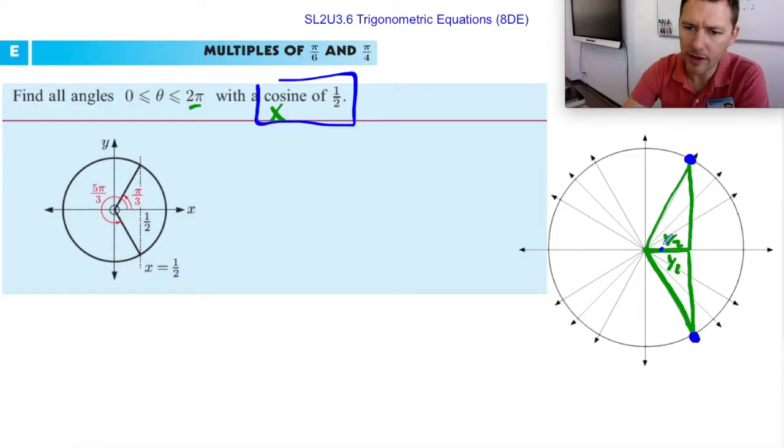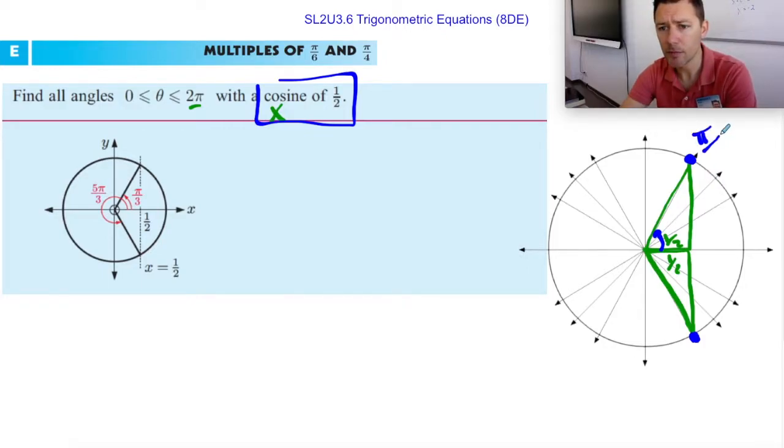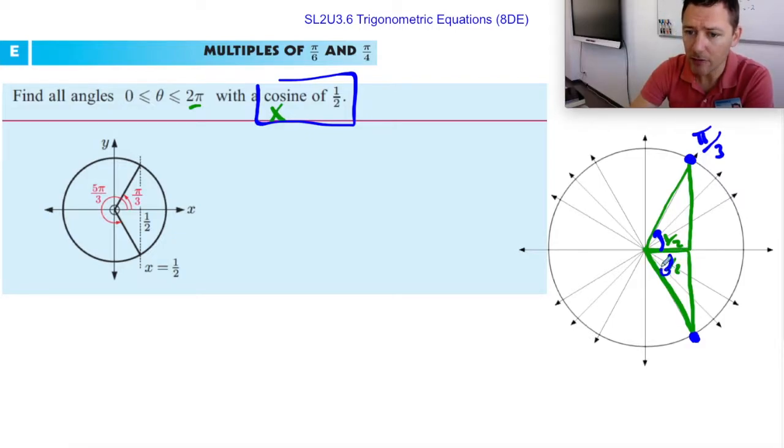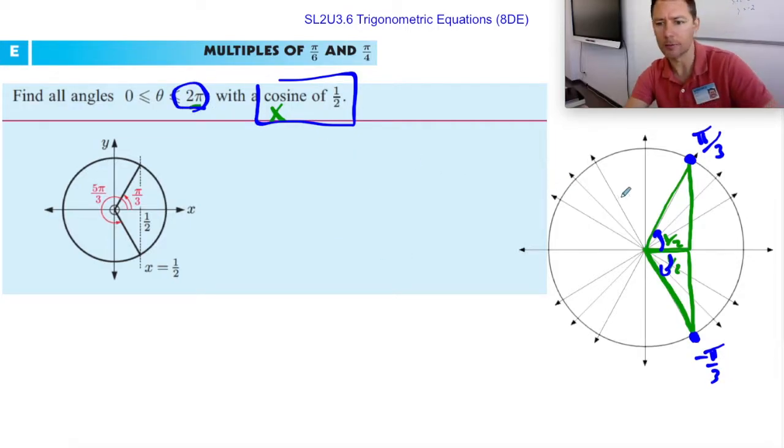Well, one of them, if we are comfortable with the unit circle, should be pi thirds, right? That's a 60-degree triangle. The other one's going to be pi thirds down, right? You could call it a negative pi thirds, except we can't leave it like that because we want our angle to be positive, right?